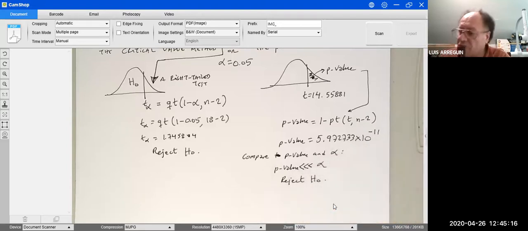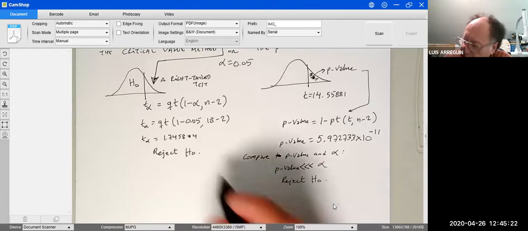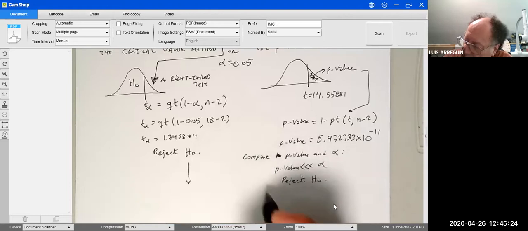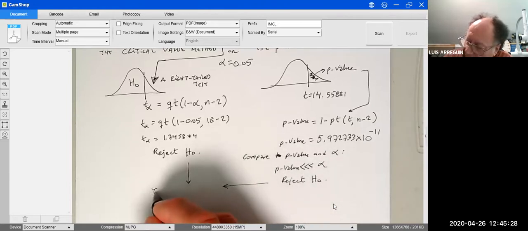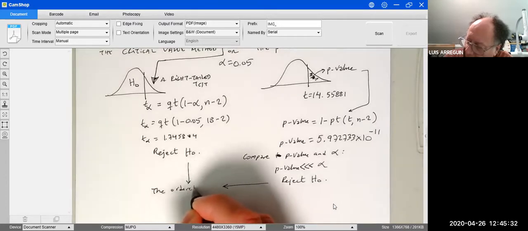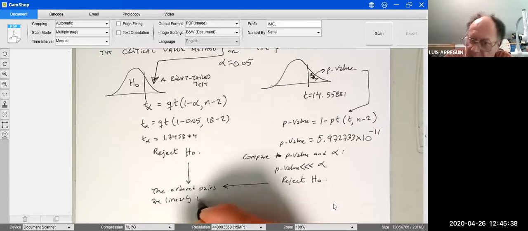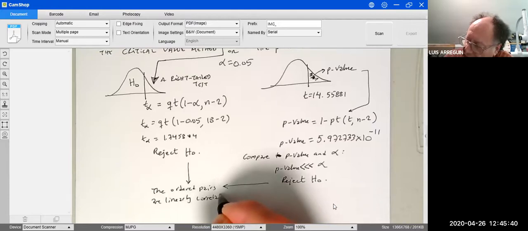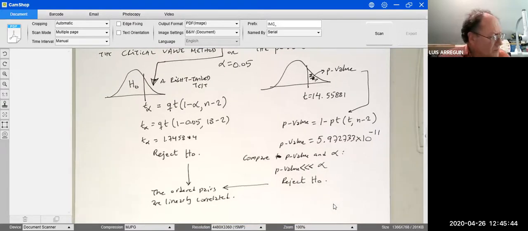And when you reject the null, when you are working with linear models, that means you can say that the ordered pairs are linearly correlated. So you can use a linear model like the one that we found before.